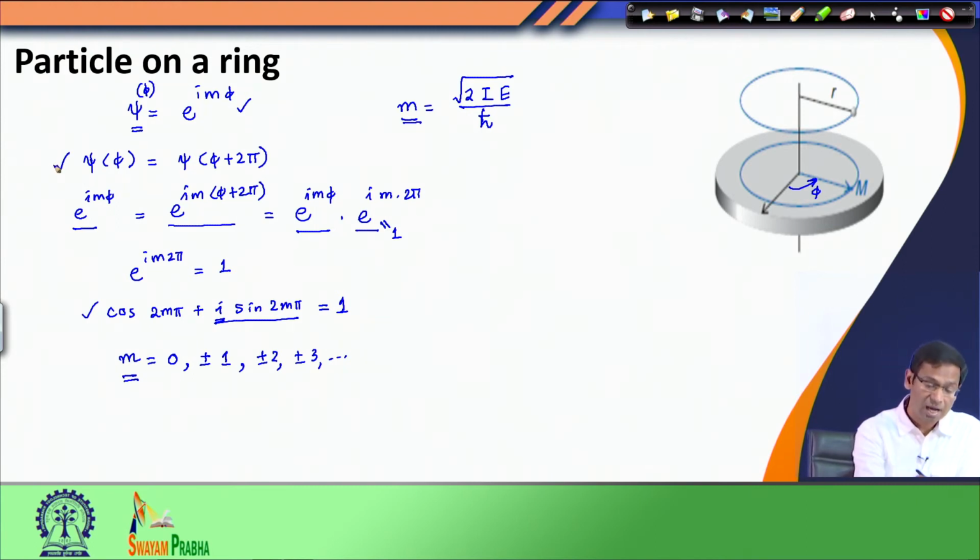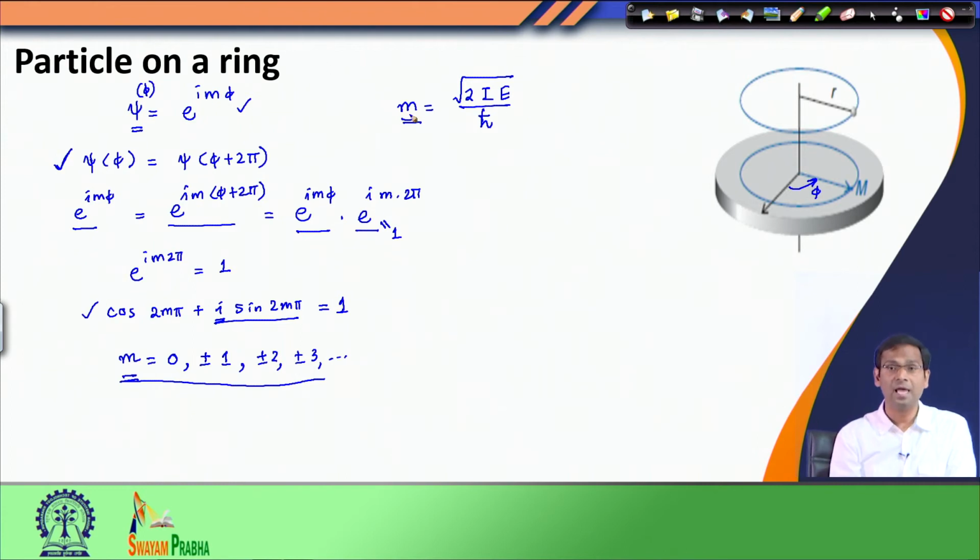That is because I have to make sure that my wave function is well behaved. When I impose the condition that the wave function is well behaved, then that boundary condition gives rise to this interesting observation that the allowed values of m are going to be 0, plus minus 1, plus minus 2, plus minus 3, and so on and so forth.